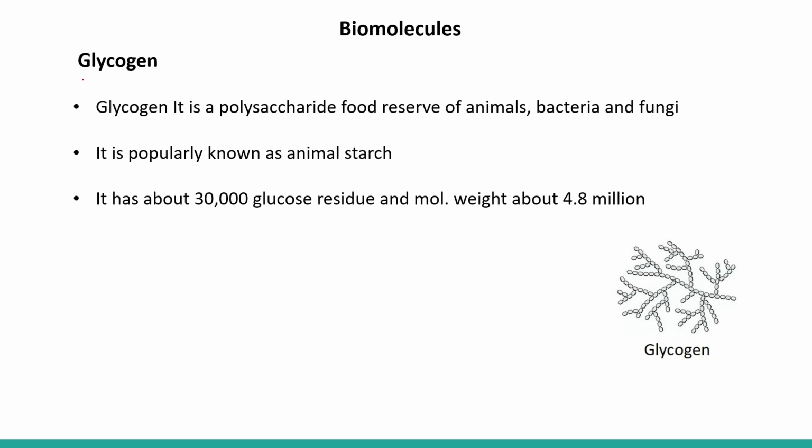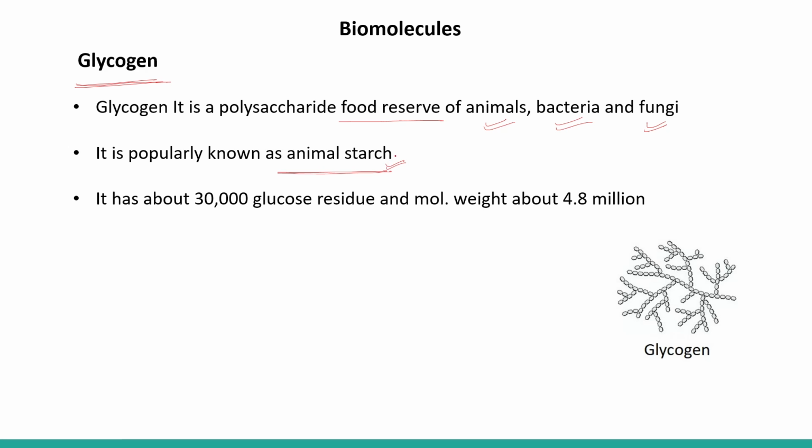The next storage polysaccharide is glycogen. Glycogen is a polysaccharide food reserve. It is present in animals, bacteria and fungi. It is not present in green plants. It is popularly known as animal starch.